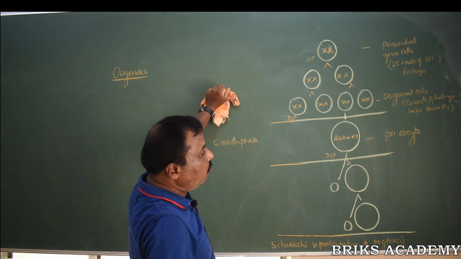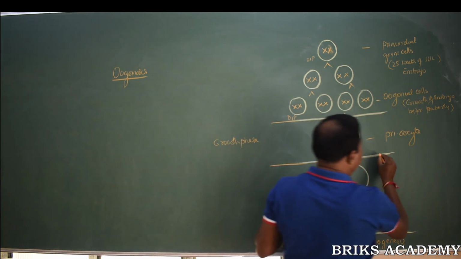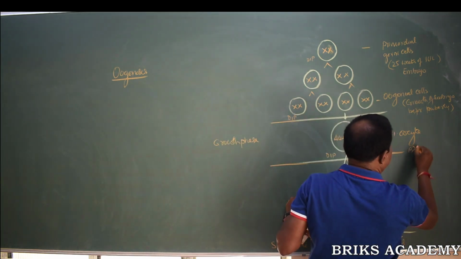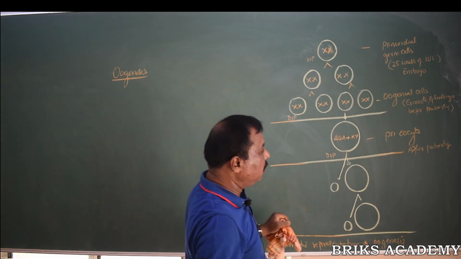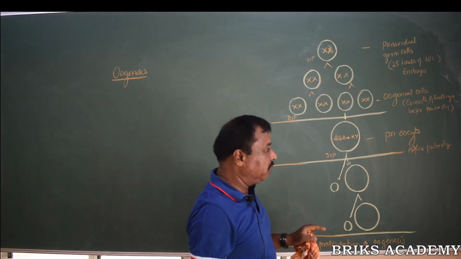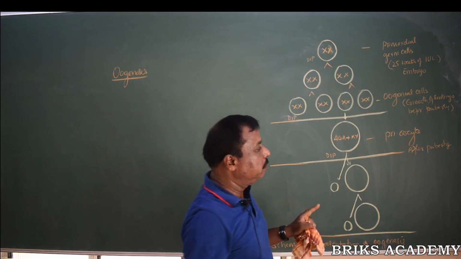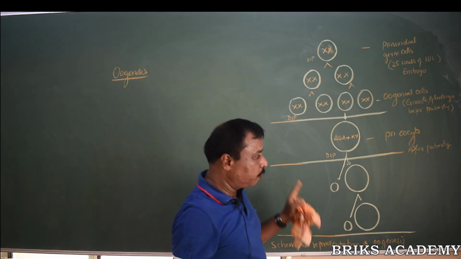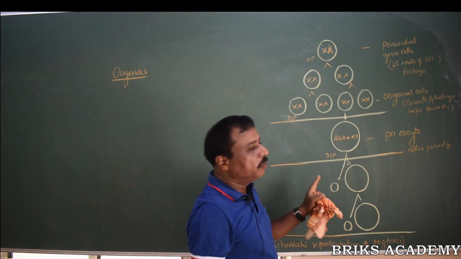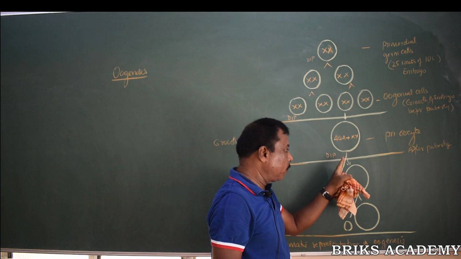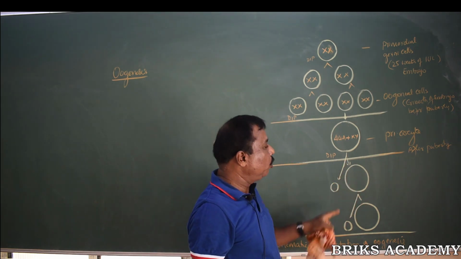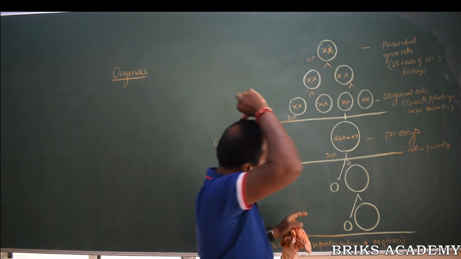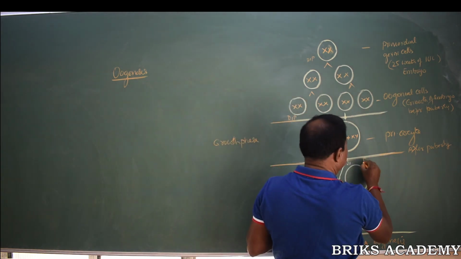The primary oocyte, after puberty, is arrested at prophase of meiosis 1 in diplotene, followed by growth of the Graafian follicle, and then undergoes the first meiosis.